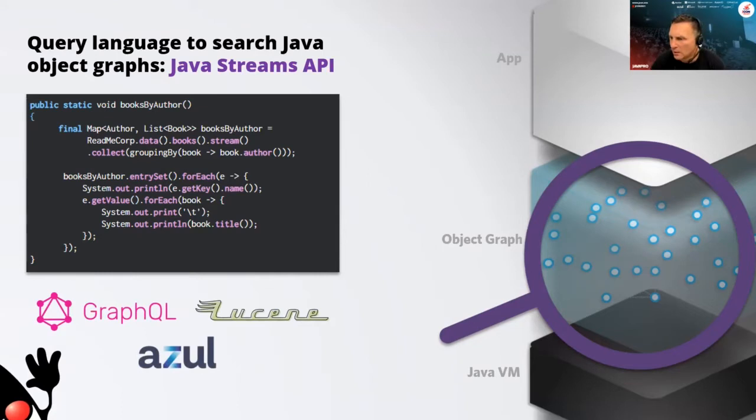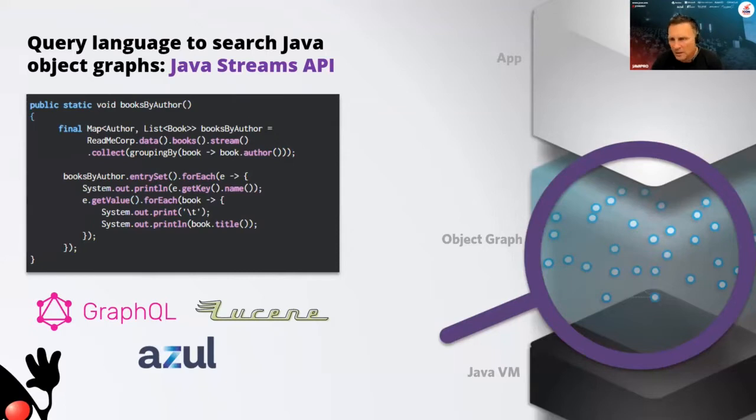We can also use GraphQL and Lucene, and we have various libraries and tools we can use in Java. We have the Azul JVM, we have native images to accelerate Java applications to get the max out of Java.